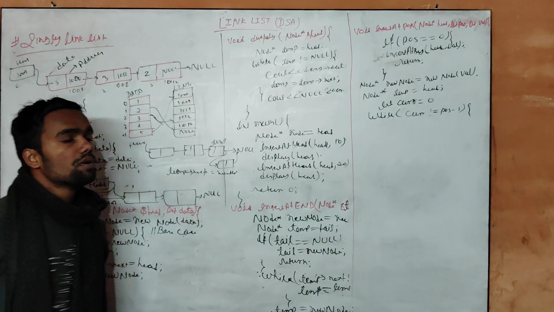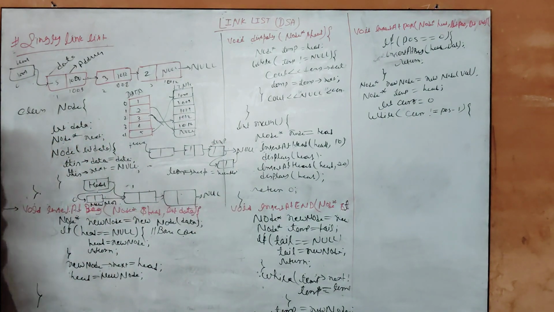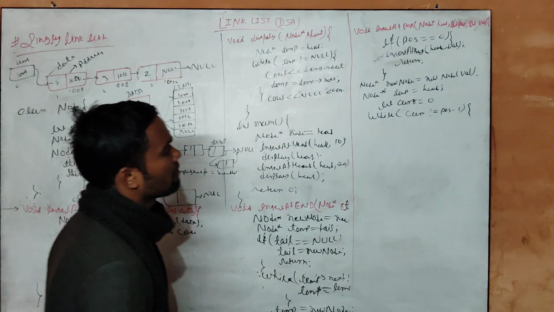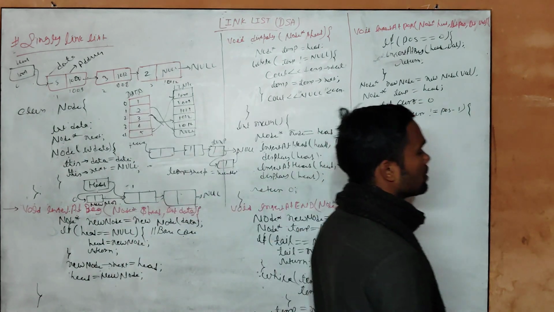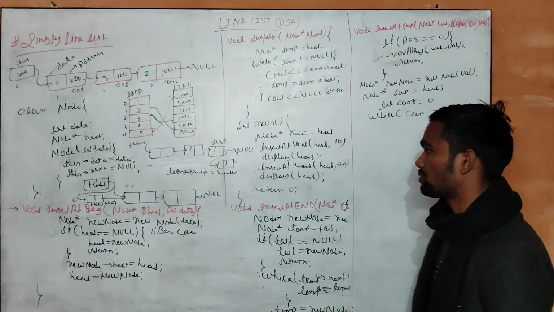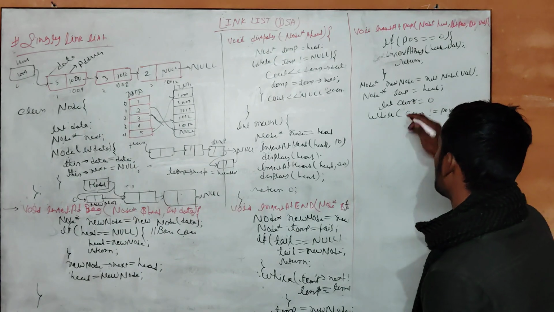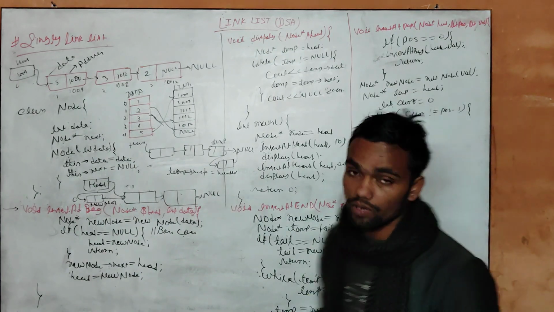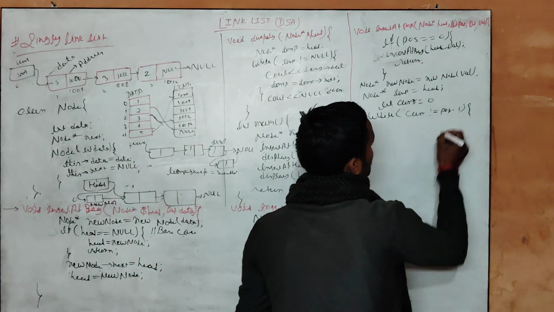I'm just writing one loop here, and it will go to position minus 1. Okay, and current will start at 0. Here, position minus 1.